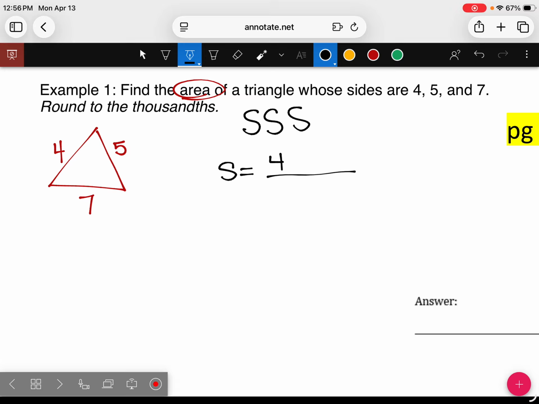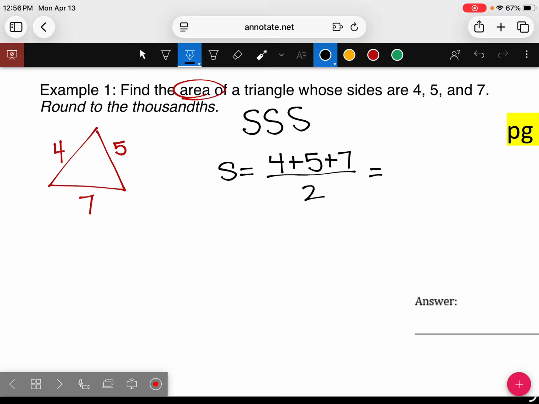Take all 3 sides, add them up, and divide it by 2. That's the first step. Take your 3 sides, add them together. And divide it by 2.